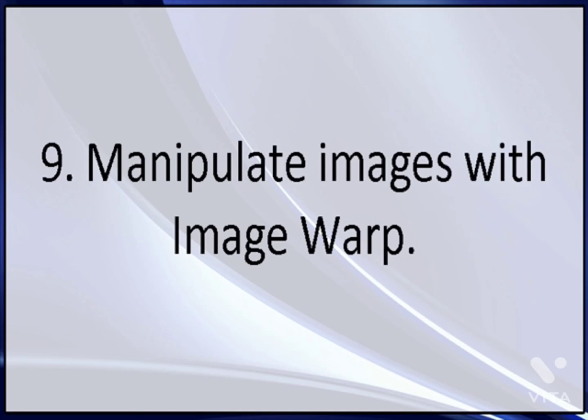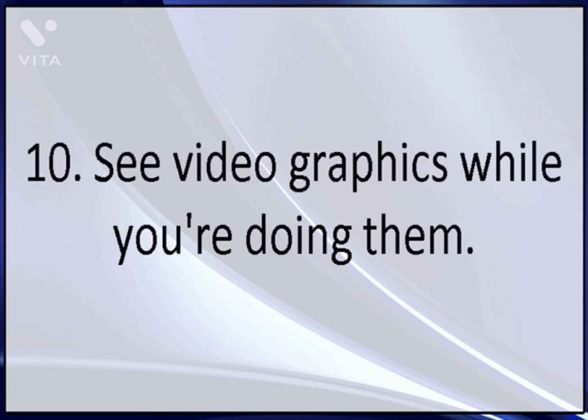Image Warp allows you to bend, peel, and stretch images the same way as type. Now you can put an image on a mug or soda can with ease. 10. See video graphics while you're doing them. With Photoshop, you can preview your images on a video monitor directly from the software and see exactly how they're going to look in your video, even if your editing software is on a different computer.